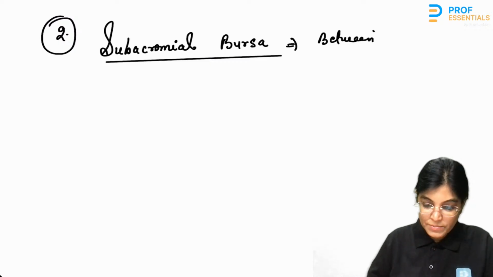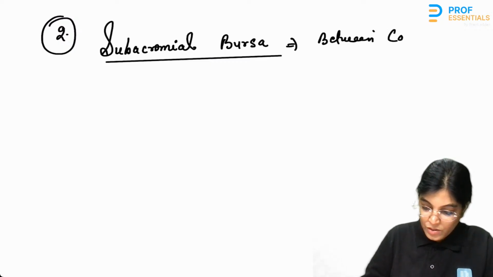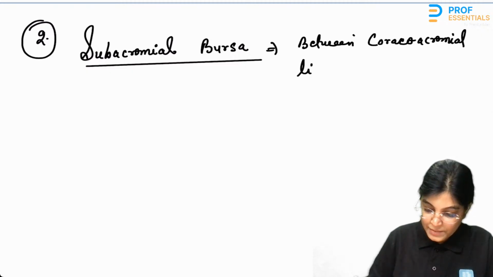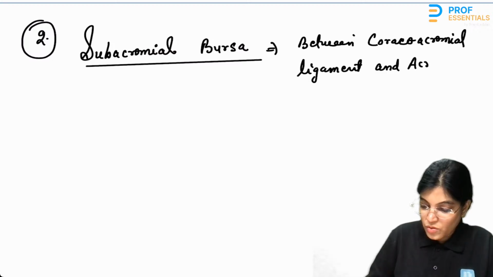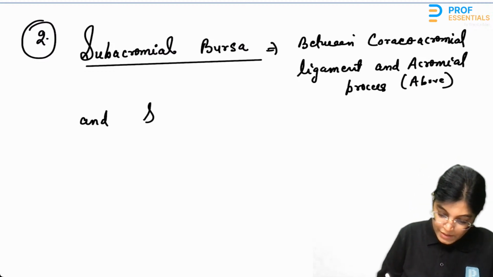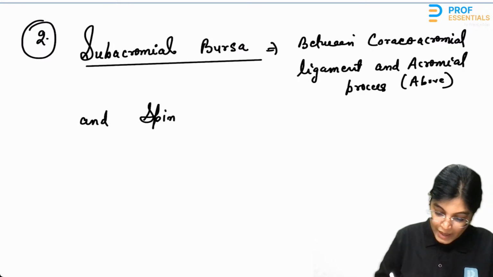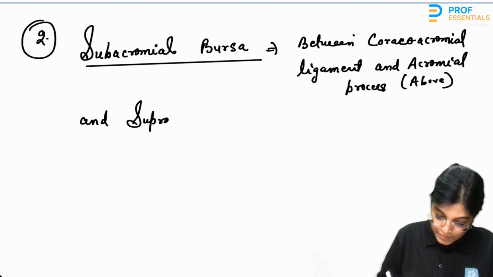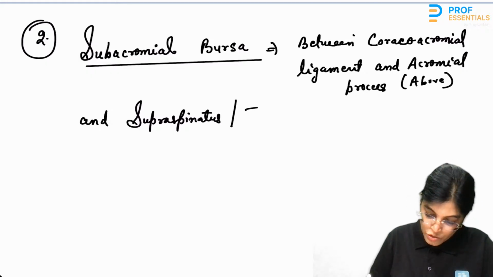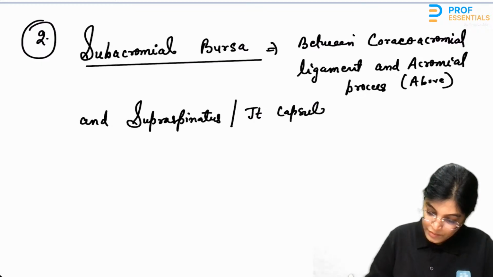So it is located between the coracoacromial ligament and the acromial process. This lies above, and the supraspinatus muscle tendon and joint capsule lie below.